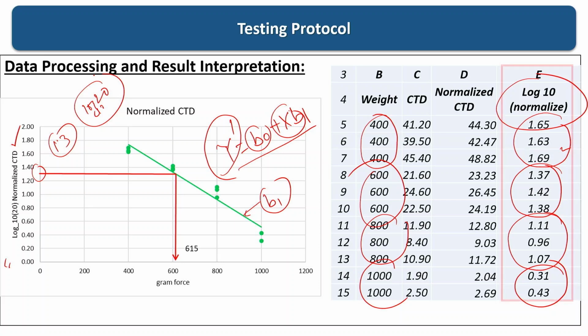From that point, if we draw the horizontal line, it intersects the x axis at 615. That means, whether we use normalized cut through distance or the logarithmic value, effectively we get the same cutting load.